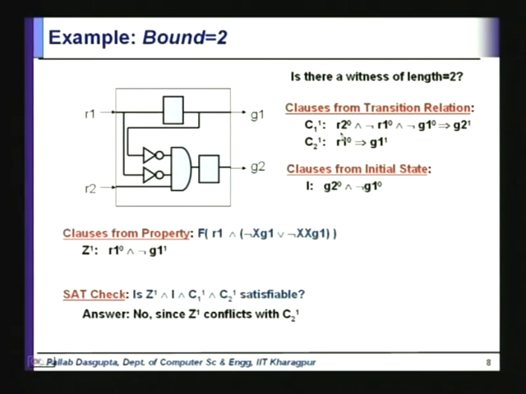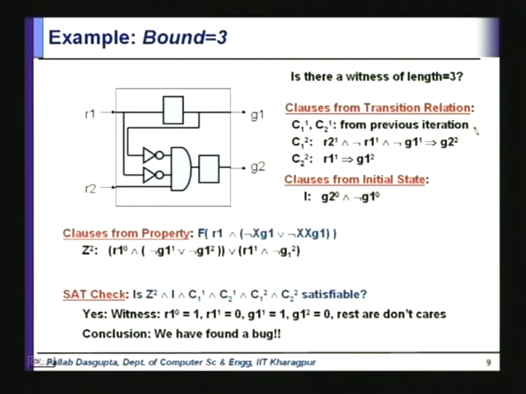Just see, this was what we had previously. It is the same thing, except that this 0 becomes 1, this 0 becomes 1, this 0 becomes 1 and this 1 becomes 2. So, it is just a shift in the indexes of the variables, otherwise it is the same, because it is the same transition function. So, similarly we get C22.